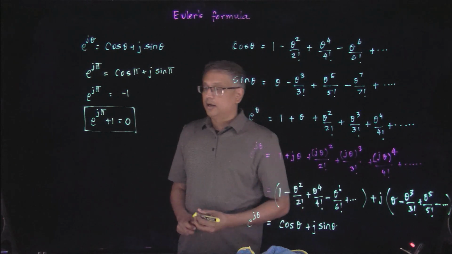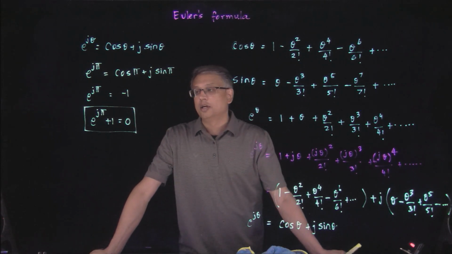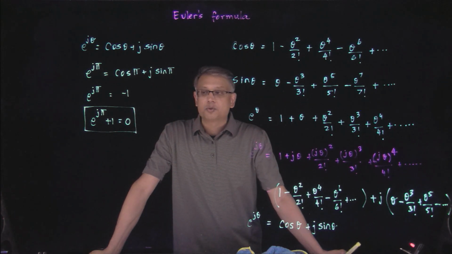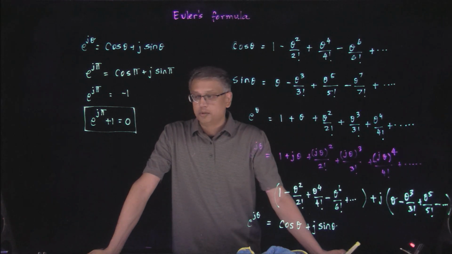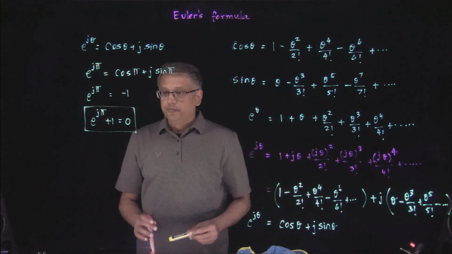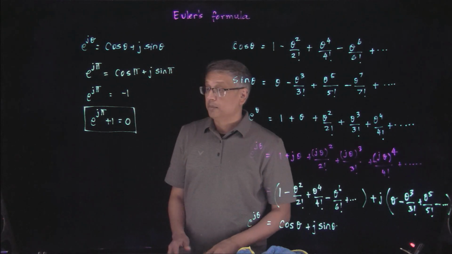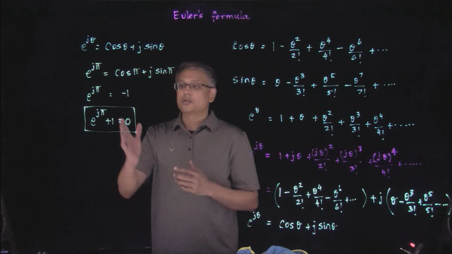And on the internet you can see several videos or articles that tell you that this has been rated as one of the most beautiful formulas in mathematics, if not the most beautiful formula in mathematics. And I believe even Feynman called it one of the most beautiful formulas in mathematics. It's called Euler's identity.